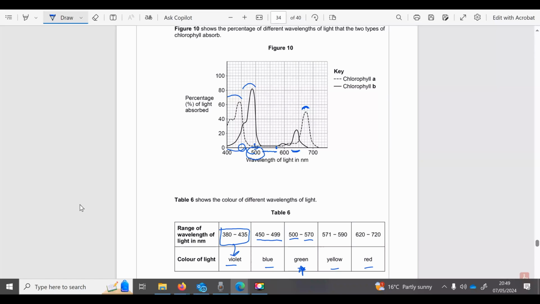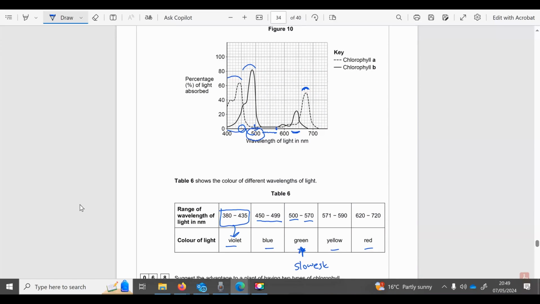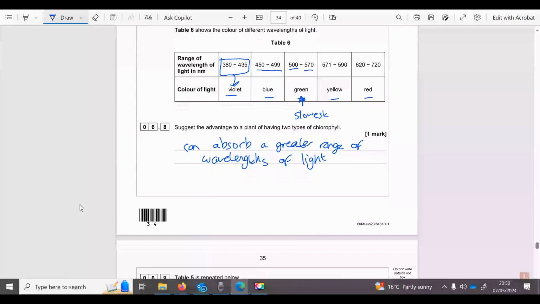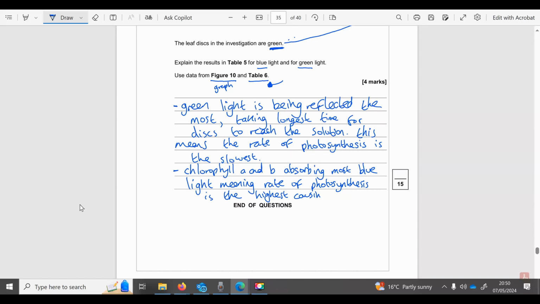What do we notice? Chlorophyll B absorbing the most. At 450 though, is chlorophyll A also absorbing the most at that point too? So both chlorophyll A and chlorophyll B are absorbing light the most at that point. The leaf discs are taking the shortest time to reach the surface. The rate of photosynthesis must be the greatest.